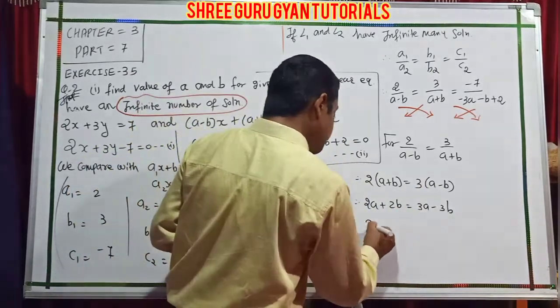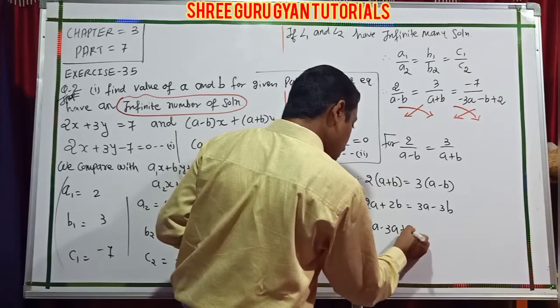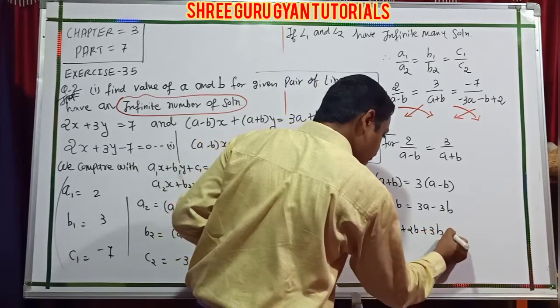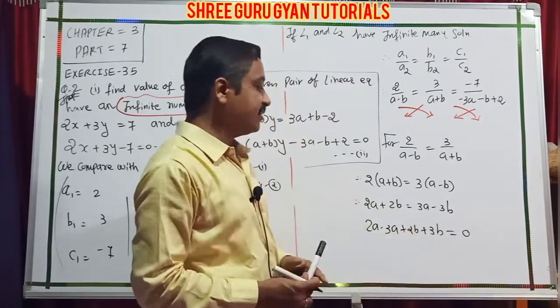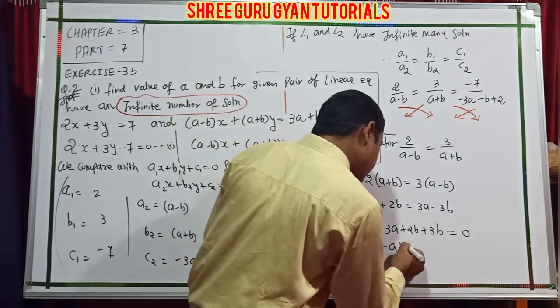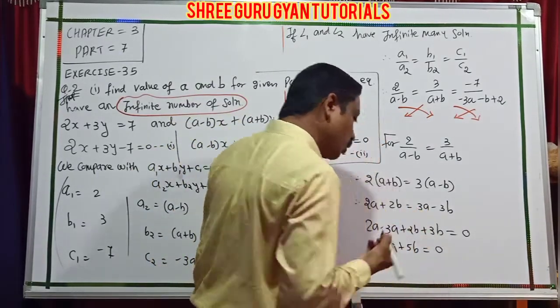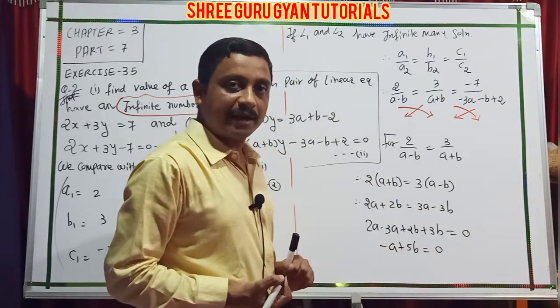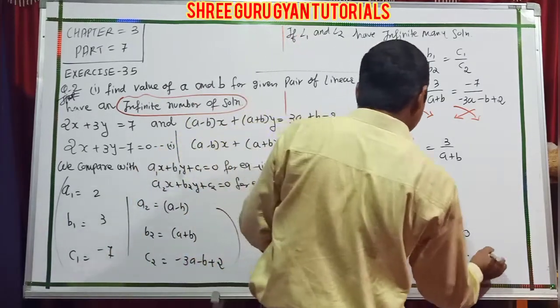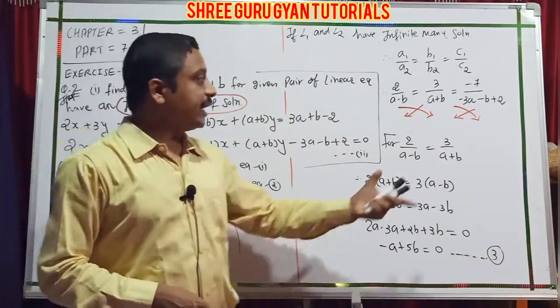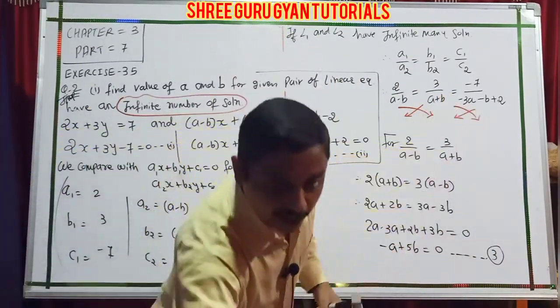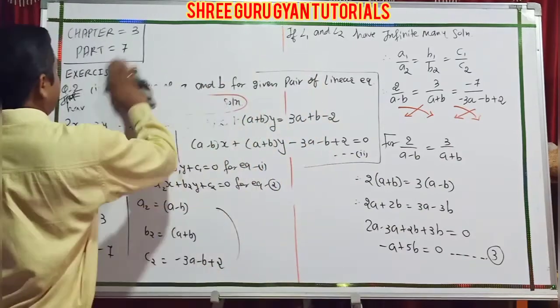So 2a minus 3a, 2b plus 3b, taking 3a to the left side and 3b also from right to left side. So how much is it? Minus a plus 5b is equal to 0. And here I call it equation number 3. Now I compare these two, and again I derive one more equation here.